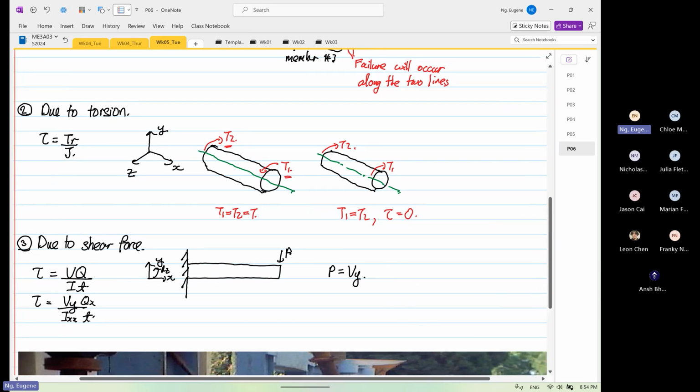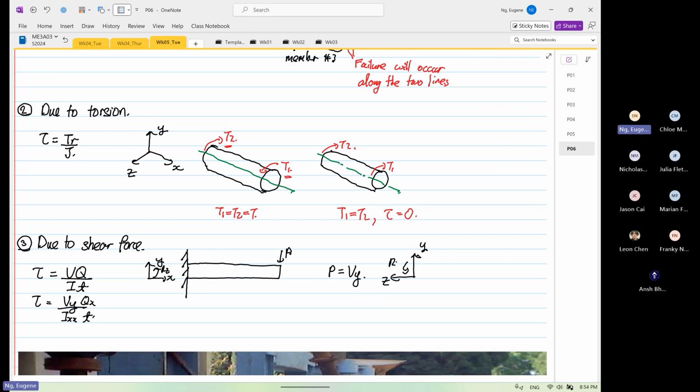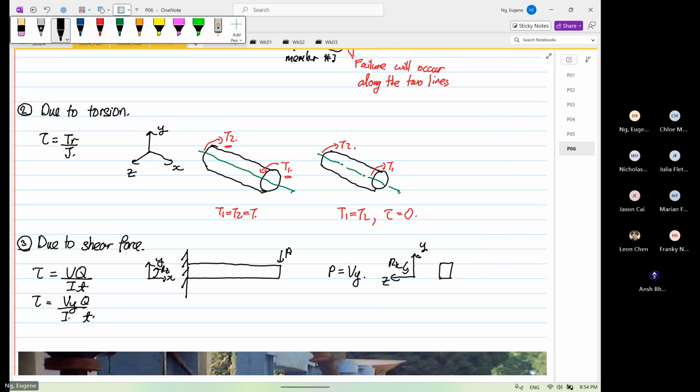So if we were to look at the cross-sectional view, so this is Y, Z, this will be our rotational X. The shear force will be in this direction. So this will be equal to your, sorry, it should not be Ixx, it should be Izz.